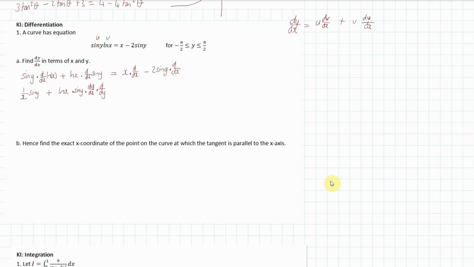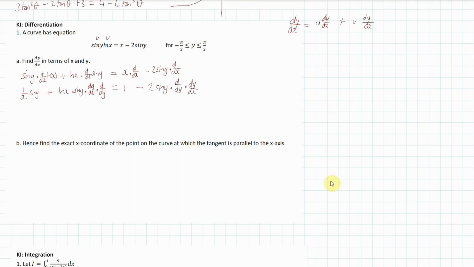Okay, and then I can differentiate that with respect to sine y. I'll do that in the next line. This becomes 1, this x, and then we're going to do the same thing here. Sine y d dy. I'm doing this the slow way, dy dx.